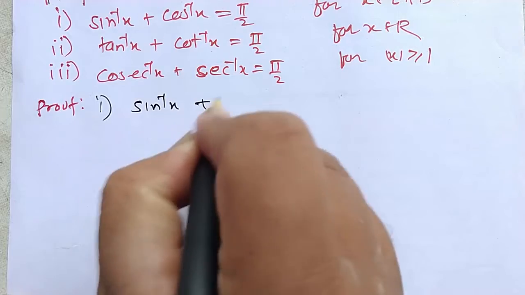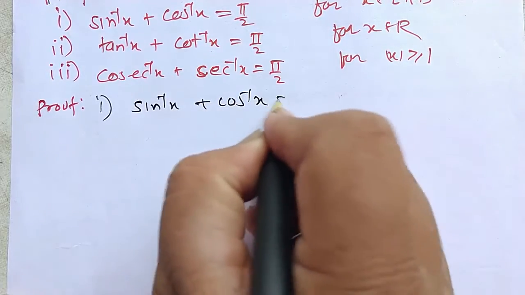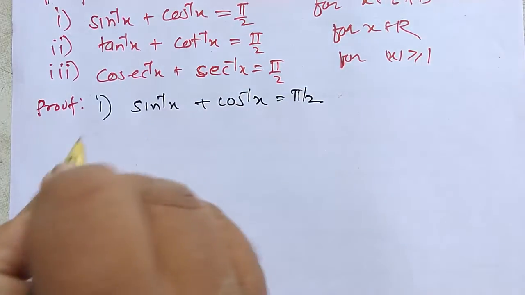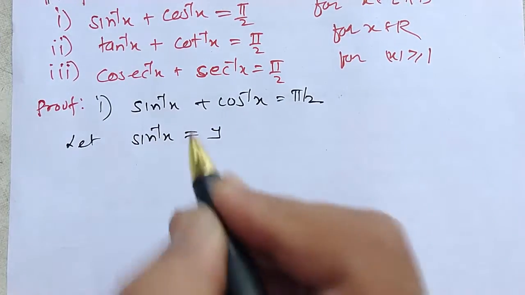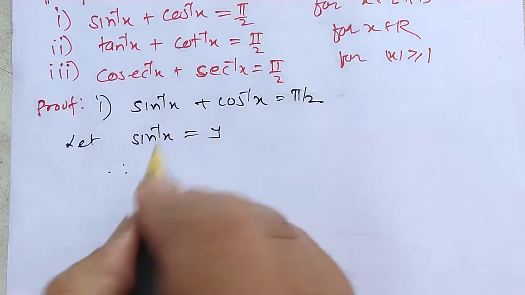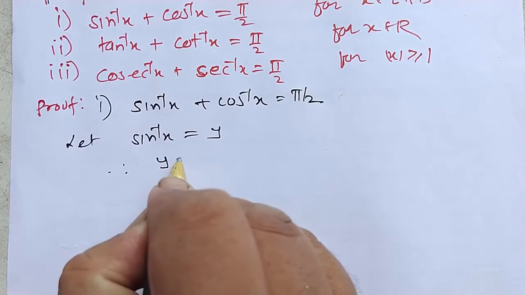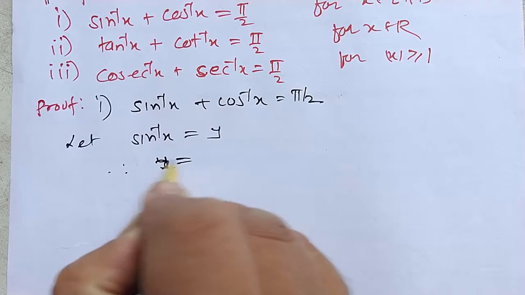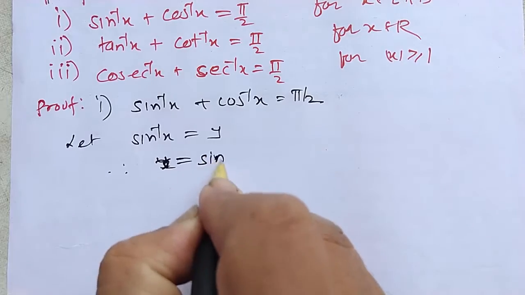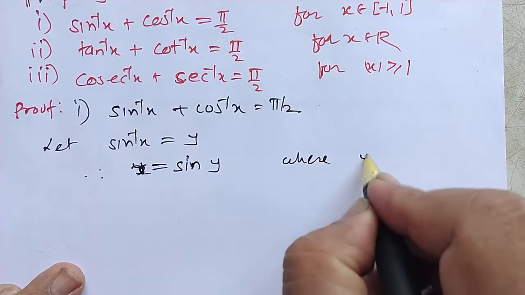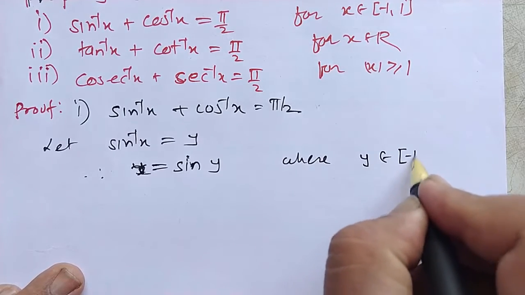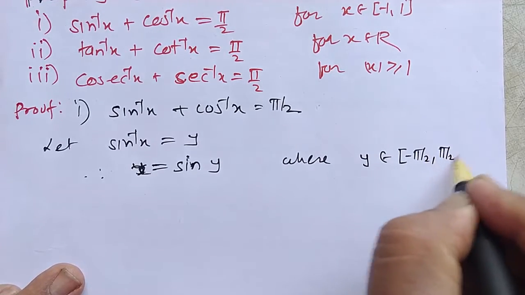Sin inverse x plus cos inverse x is equal to pi by 2. Let sin inverse of x is equal to y. Therefore, x is equal to sin of y, where y belongs to the closed interval minus pi by 2 to pi by 2.